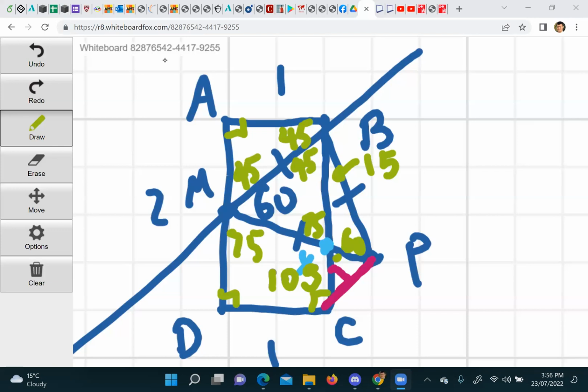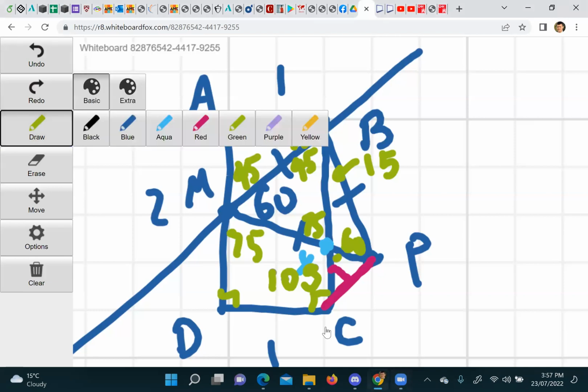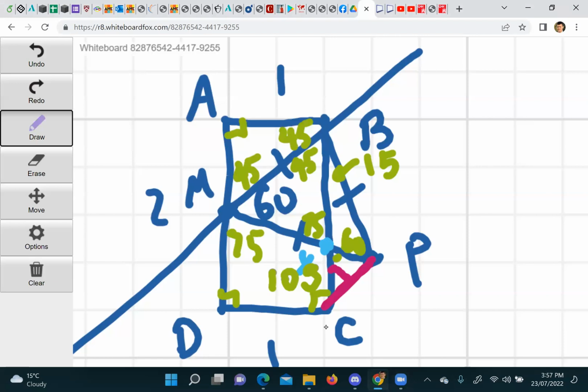MC equals MP. What is that? Ah, good observation. So MC, yeah, is equal to MB, right?